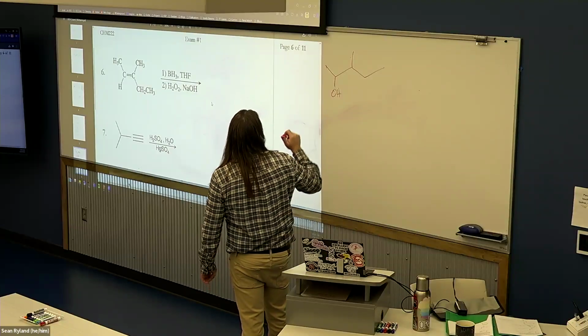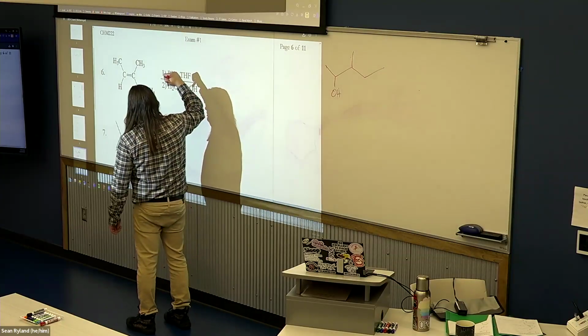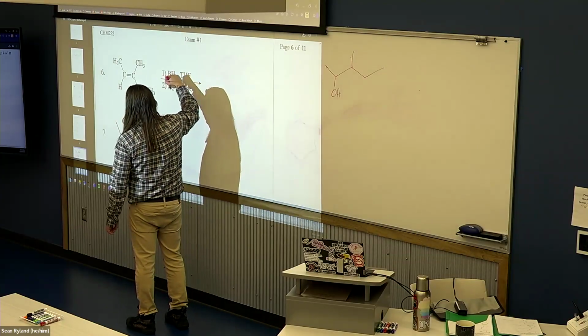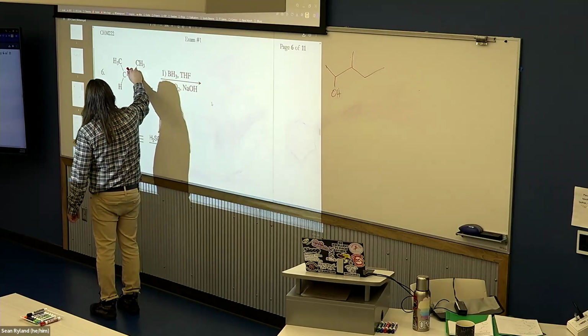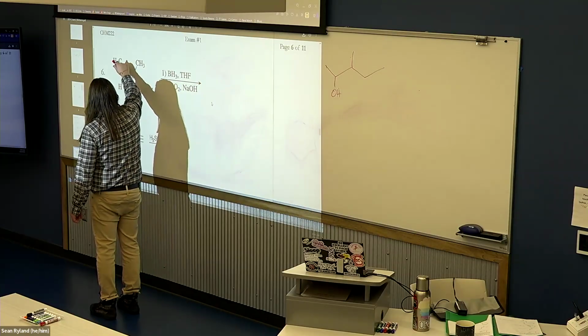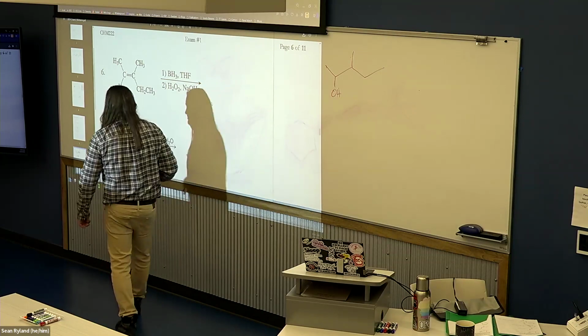out of 4. Because you have to remember that the oxygen gets added on the same side the boron is on. So if the boron is coming up, the oxygen is going to get added. So the boron adds here. The oxygen is going to be on the same side as the boron, which should be the opposite side from the methyl group.